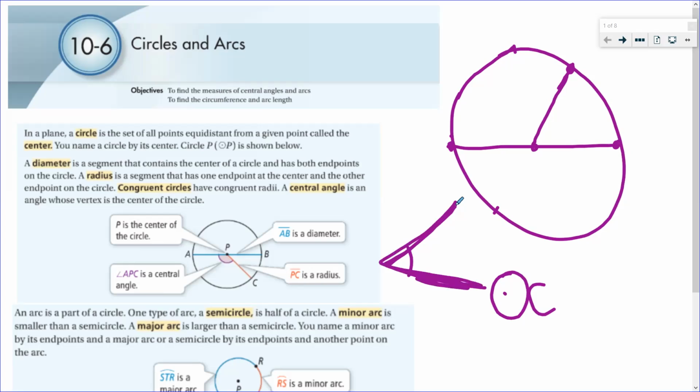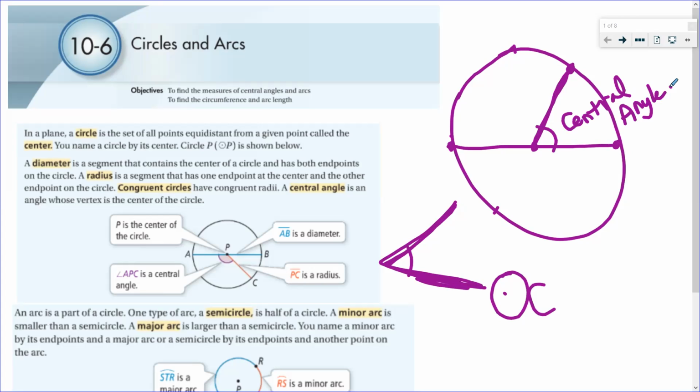This is the definition of an angle. Here also, an angle that has its vertex at the center and its two sides meeting the circle, we name it a central angle.